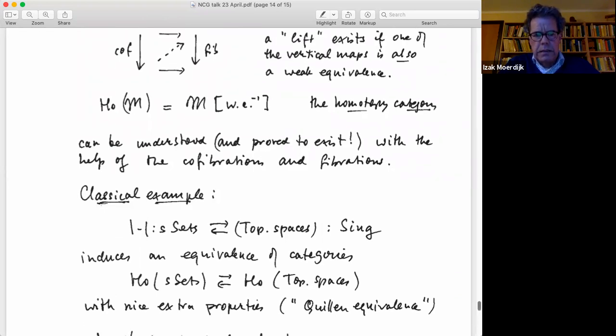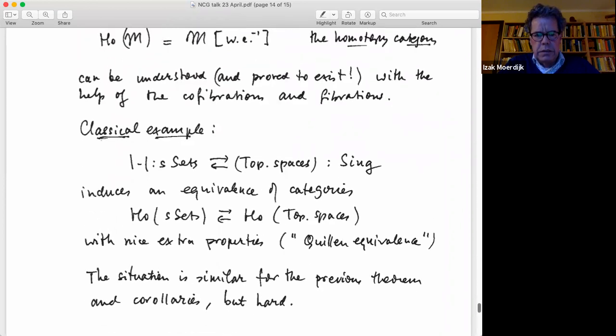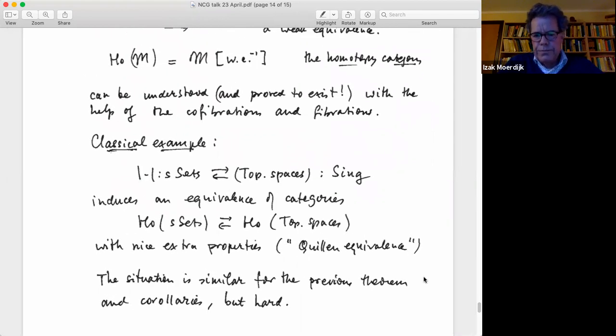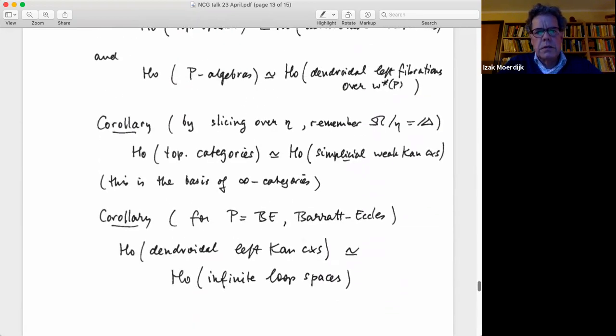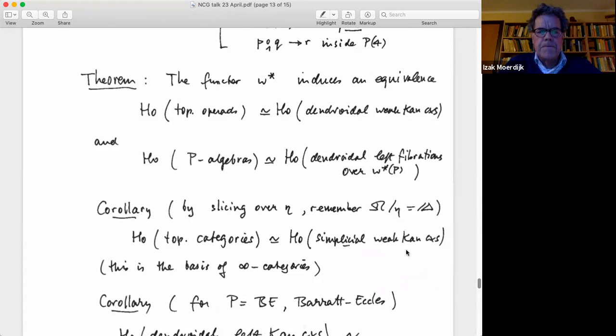Okay, and the theorems I just quoted are actually of this form. So maybe I'll go back to them. There is a model structure on topological operads with a very natural notion of weak equivalence.